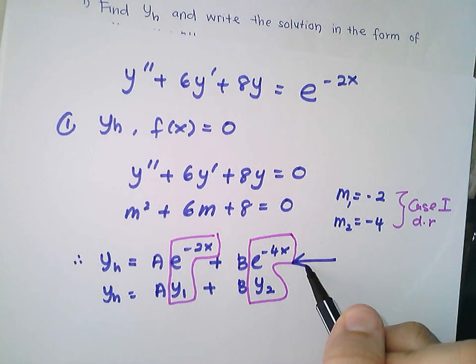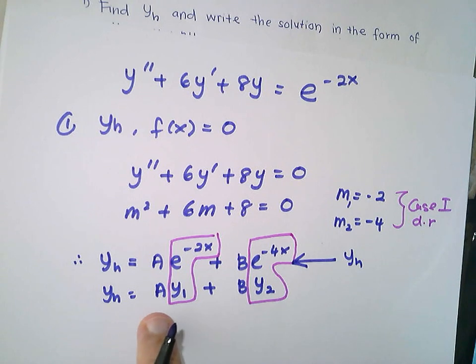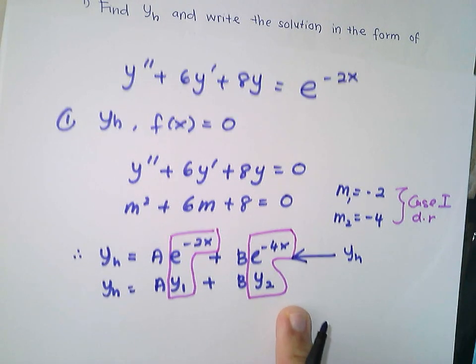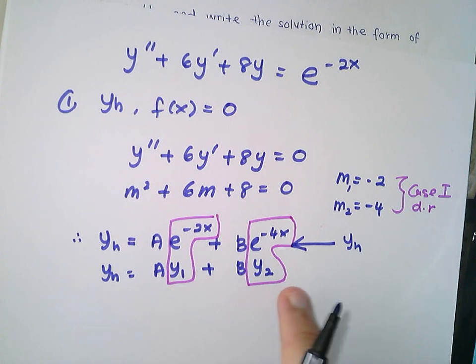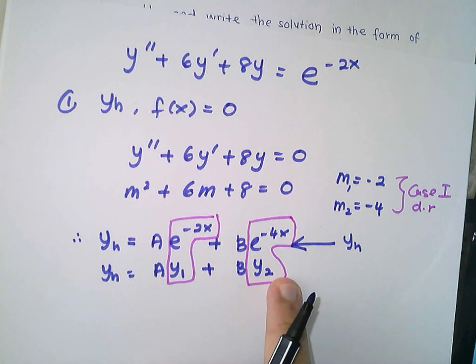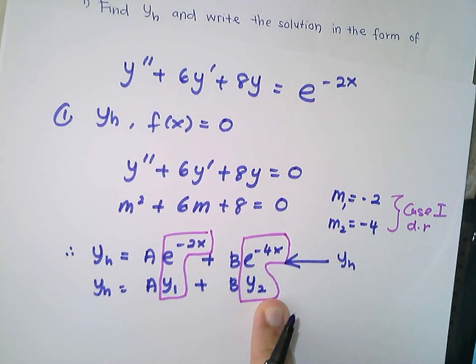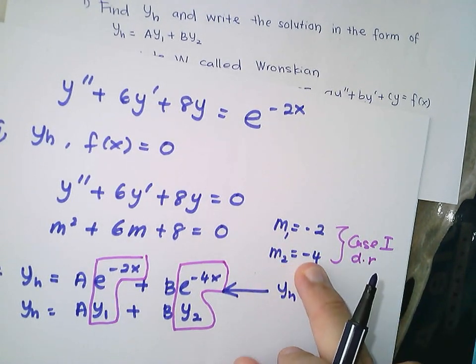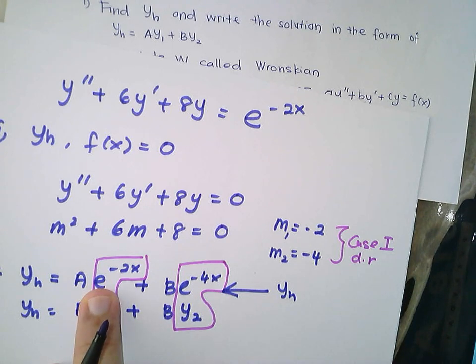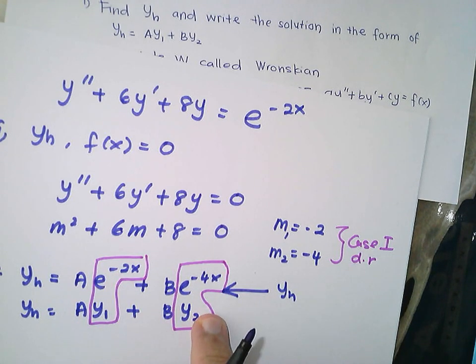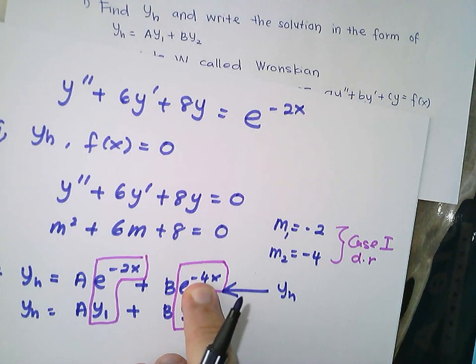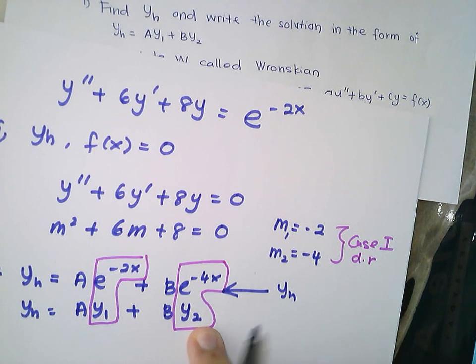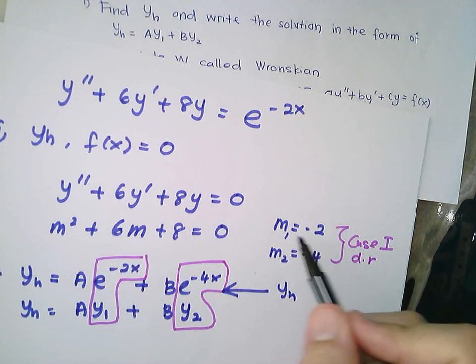We rewrite it in this form only for the purpose of getting the functions y1 and y2. If, let's say, you choose m1 as negative 4 and m2 equals negative 2, therefore your y1 equals e to the negative 4x and your y2 equals e to the negative 2x. Your y1 and y2 are based on your YH, and your YH is based on how you define your m1 and m2.